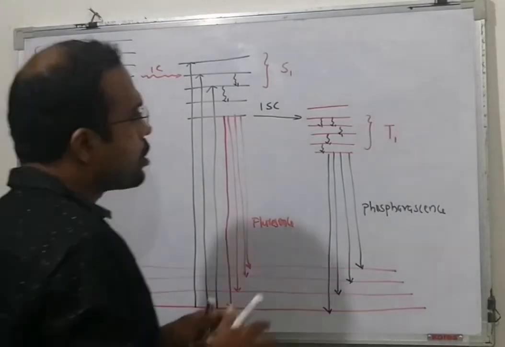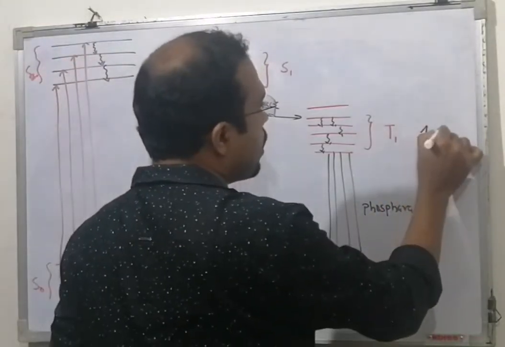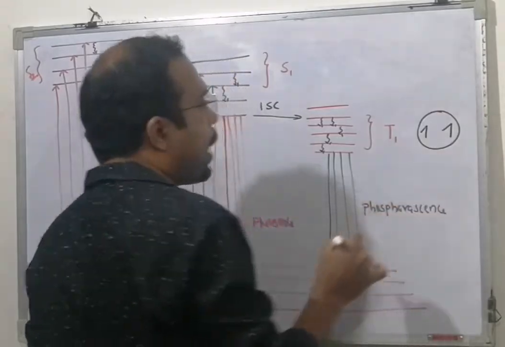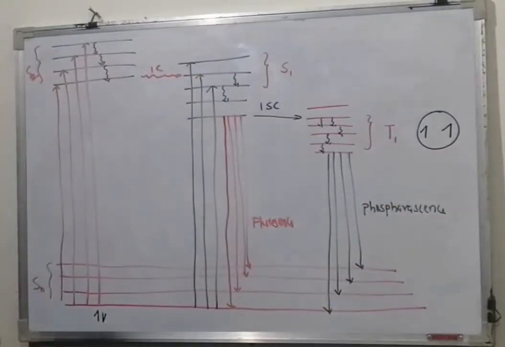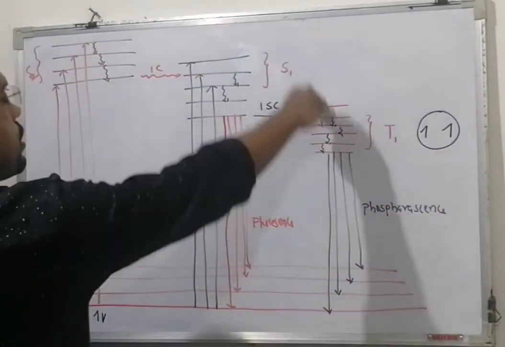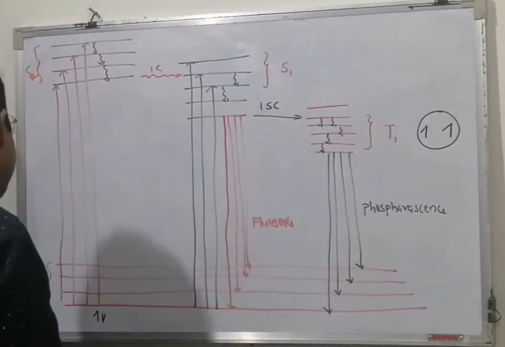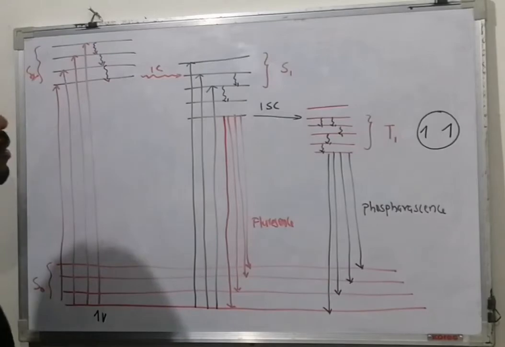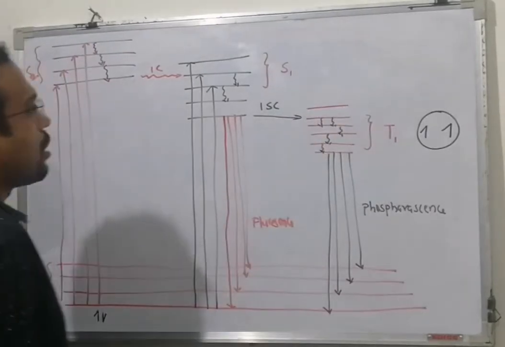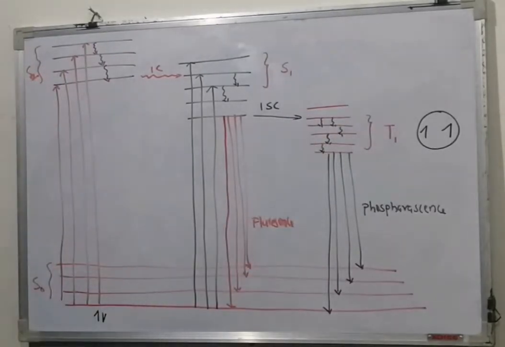This is triplet. Triplet is something like that. Parallel spin. This is also an excited level, with more energy than the singlet ground level, but there are also different vibrational levels. Now, this is fluorescence.